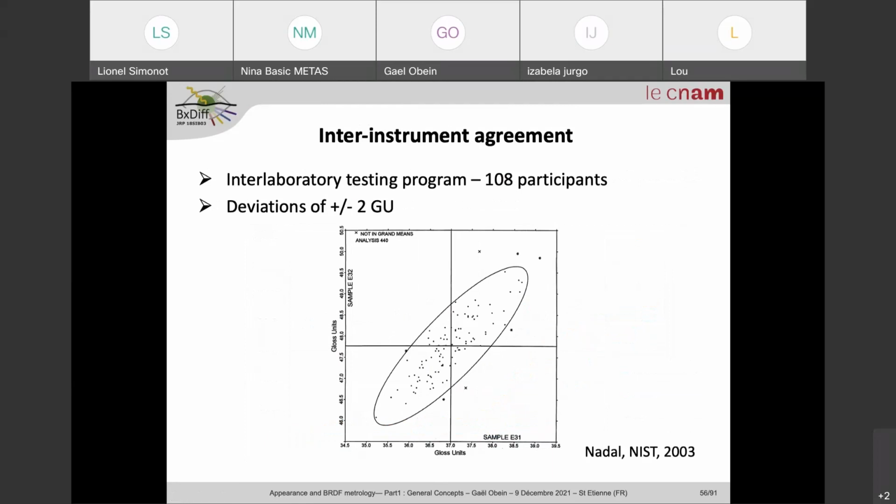The second is very metrological. This is a study of a lot of gloss meters, where samples were sent to industrial partners who were traceable to NIST with their gloss meter, and they were doing the measurement on the same sample, and we get that kind of spread of the results. Here you have something between 35 and 40, so 5 units on the scale of 100. 5%, for people who are traceable, is not really good.